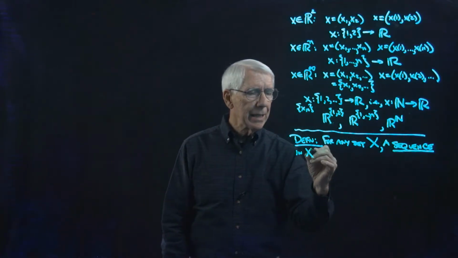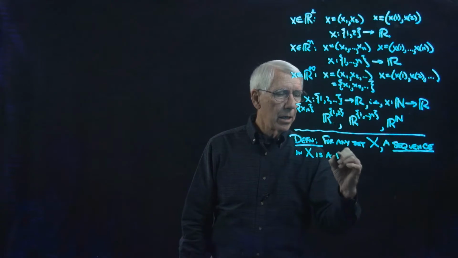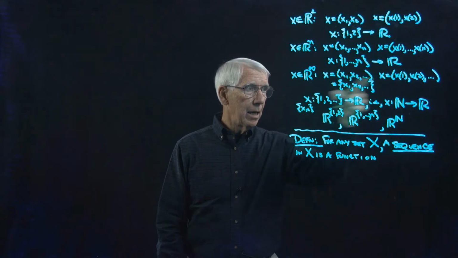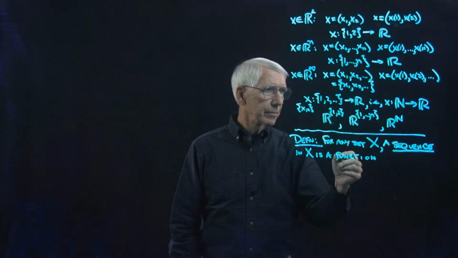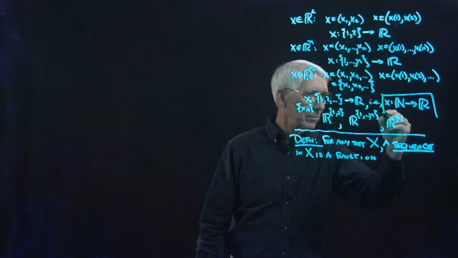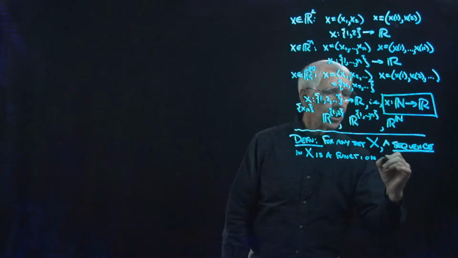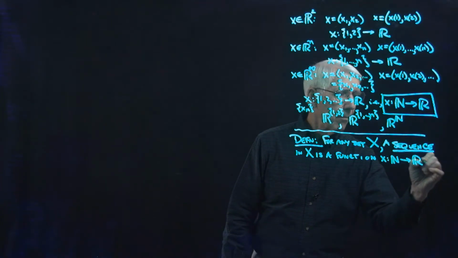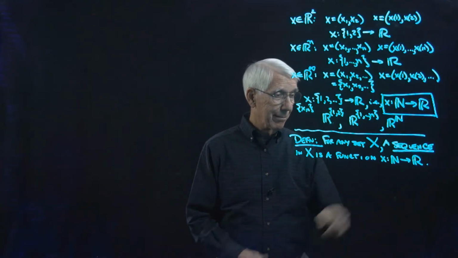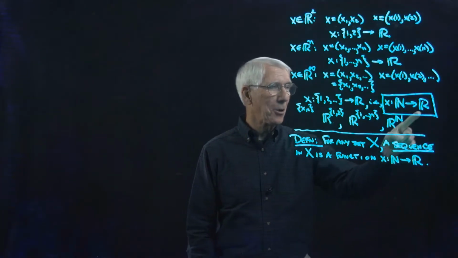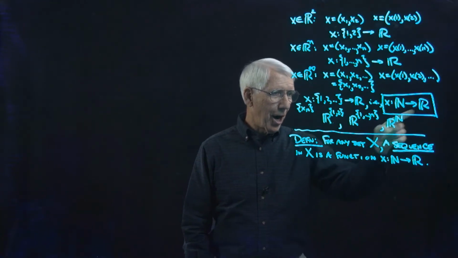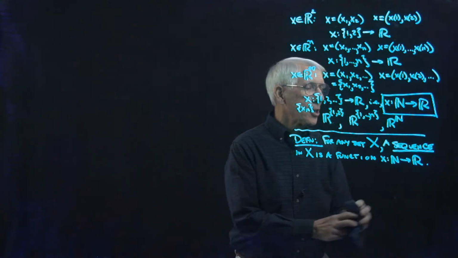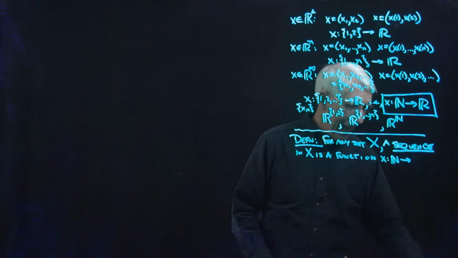A sequence in the set X is just what we said up here. A sequence is a function, except that it doesn't necessarily go to R. It goes to R here because R is playing the role of X. But in general, this is going to have to match up here. So this should have been a capital X.